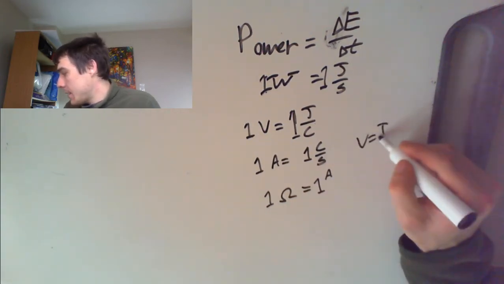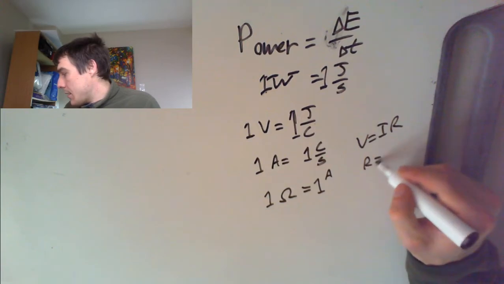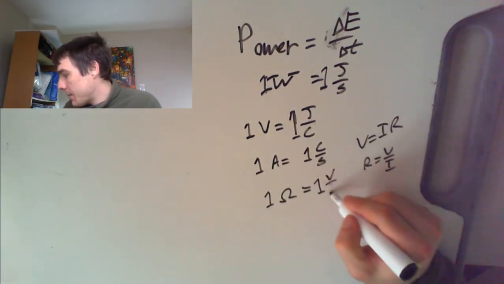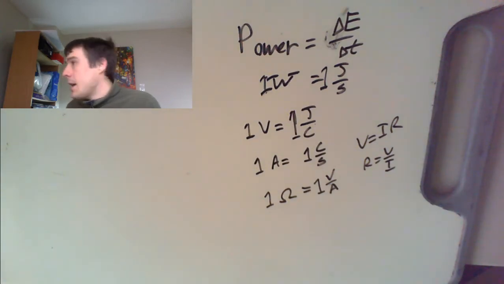V equals IR, R equals V over I. Yeah, no, I screwed that one up. 1 volt per amp.